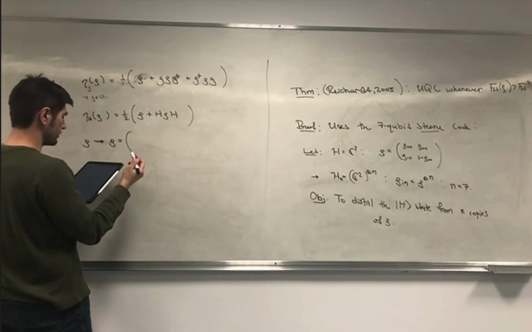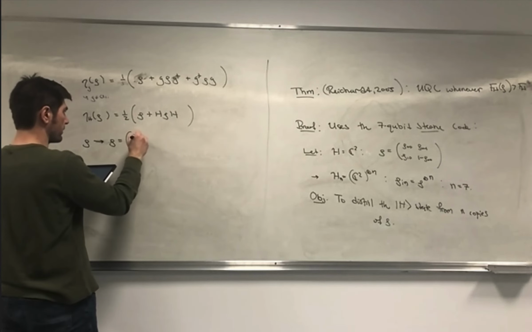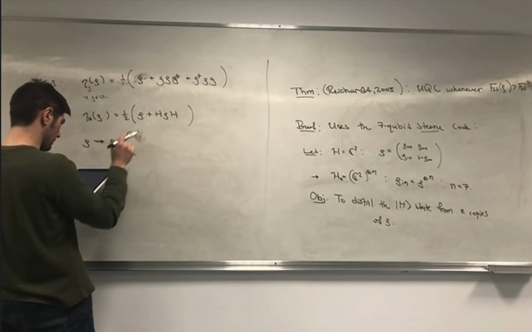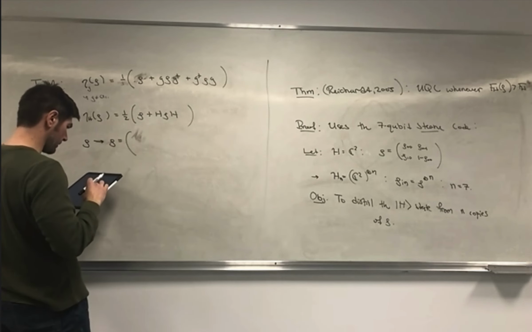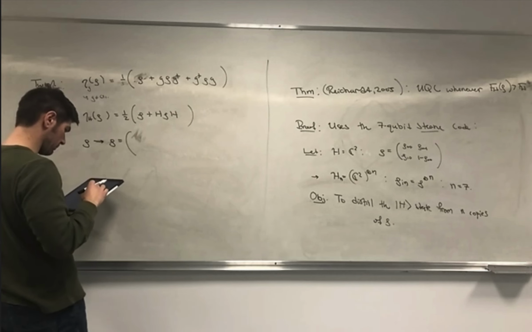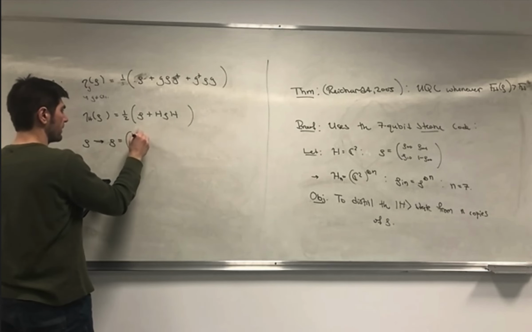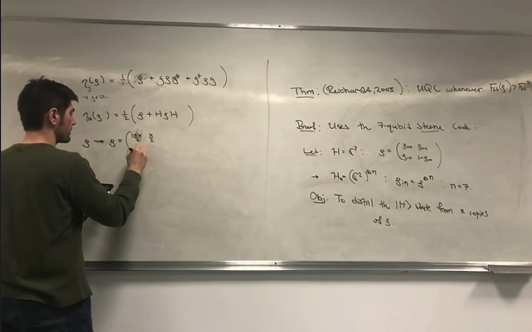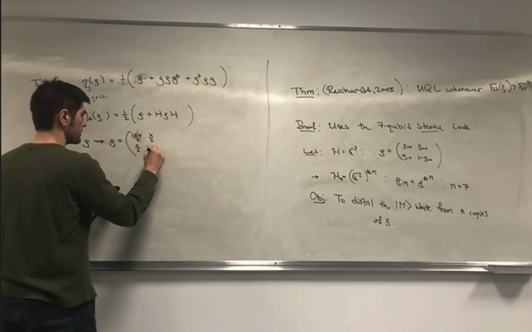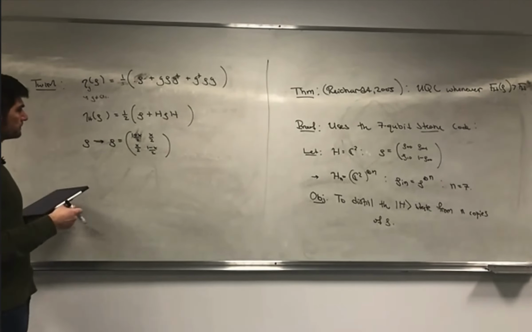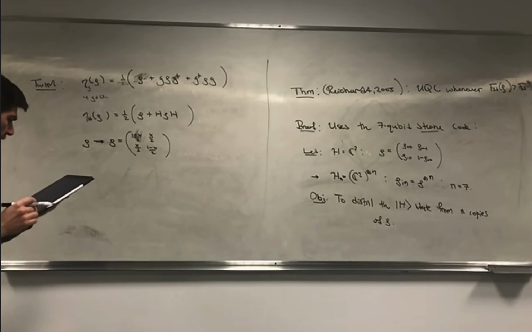What it essentially does is that I have this parameter x over 2. Sorry, hold on. It's 1 plus x over 2, x over 2, x over 2, 1 minus x over 2. Okay, so it's just a single parameter, which makes our lives much easier.